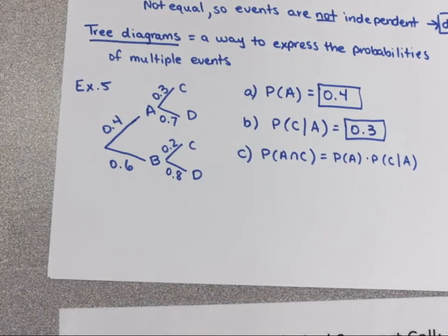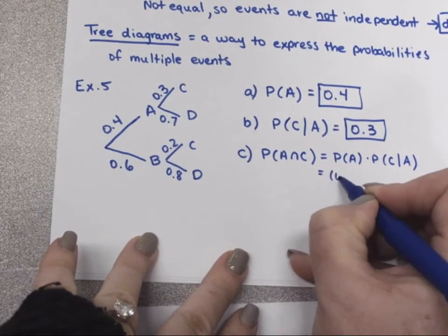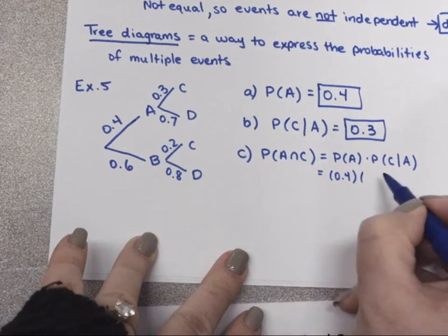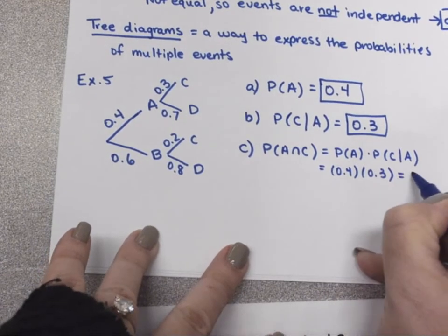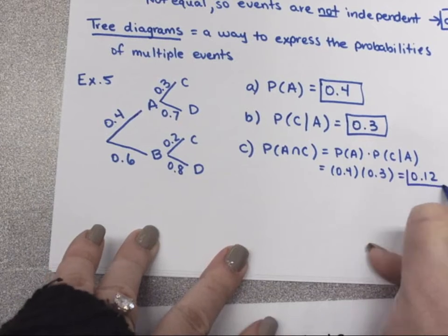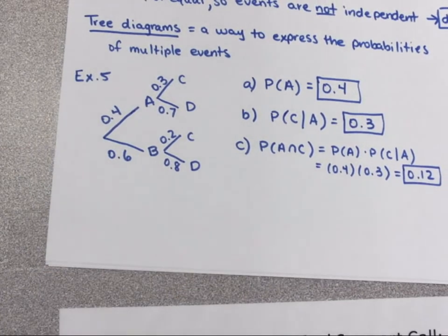In other words, we're just multiplying the two probabilities together, and we already figured out each of those in parts A and B, right? So what did we get for the probability of A? 0.4, right? And what did we get for the probability of C after that? 0.3, and if you multiply these together, you get 0.12. So overall, you have a 12% chance of going the A route followed by the C route.